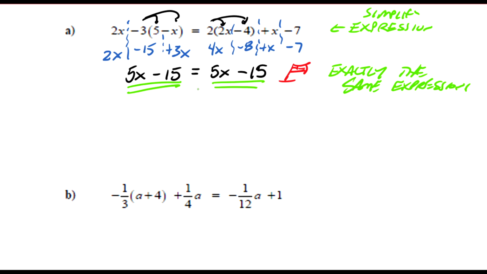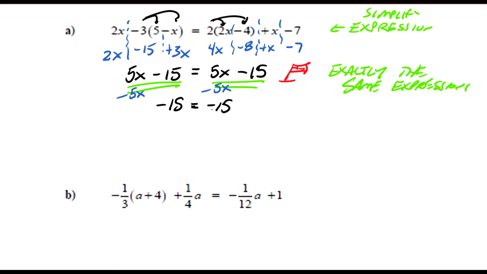Now, if we continue and isolate the variable term, I might cancel out, or zero out, the 5x on this side. And by doing that, notice what I get. I have no x term, and on the right I get the same, of course.